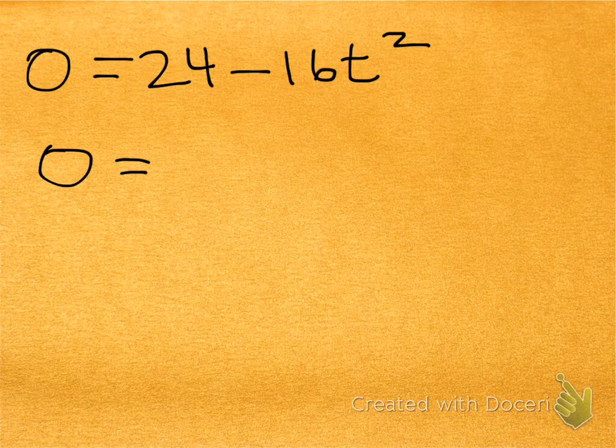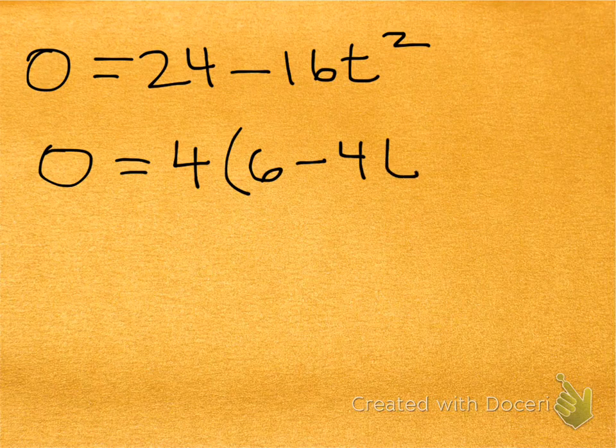We can factor this before we solve. We can have a 4 taken out of each one. So we have 6 left over minus 4t squared. Oops. We can take a 4t out. So 6 minus 4t left over. And we're going to put each equal to 0.